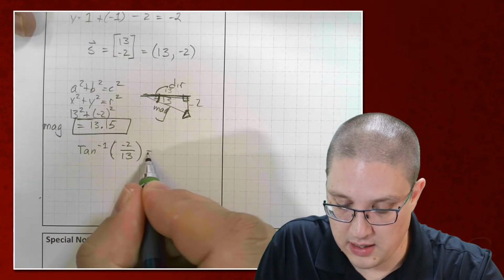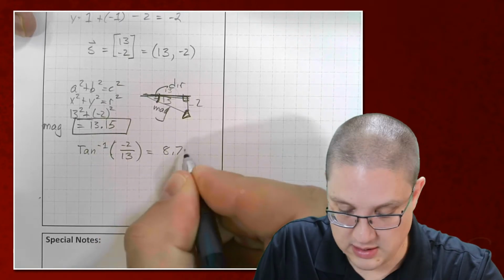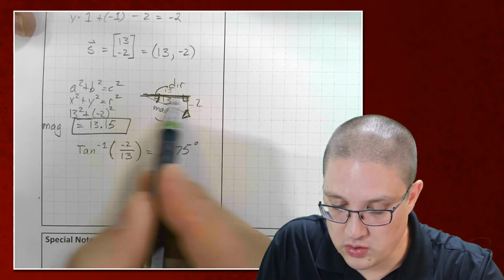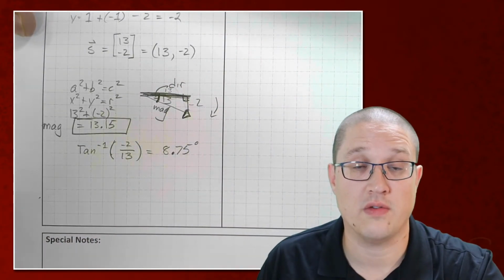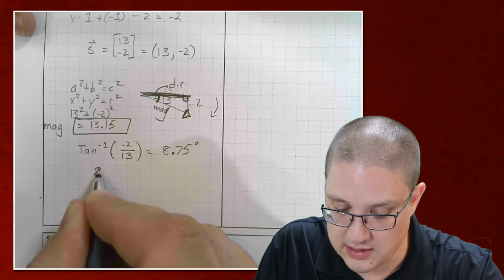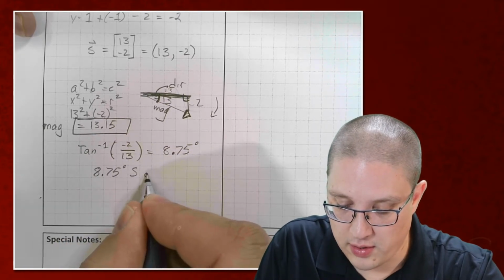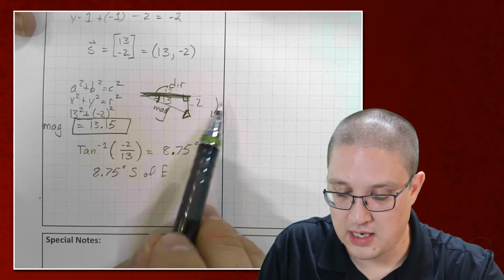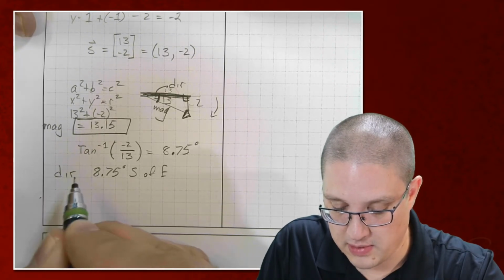So there's my angle there, and that works out to 8.75 degrees. Notice we started here and we're turning this way. So we're turning sort of clockwise in this case. The way that we refer to that is I can say 8.75 degrees south of east. I started at east and I turned to south. So this is south of east. And this is my direction here.